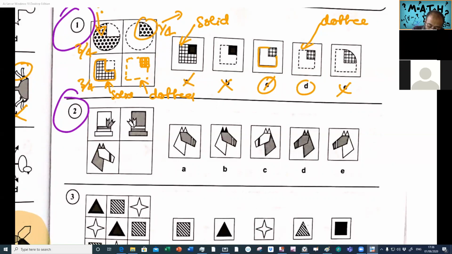It must be dotted. But this shape is right, and this one is right, and now the outer one is right as well. So it has to be D. I just guessed D. Okay, but remember, as I'm explaining to you now, it's not about guessing. It's about rules. The shape is following a set of patterns, a set of rules. I was correct.